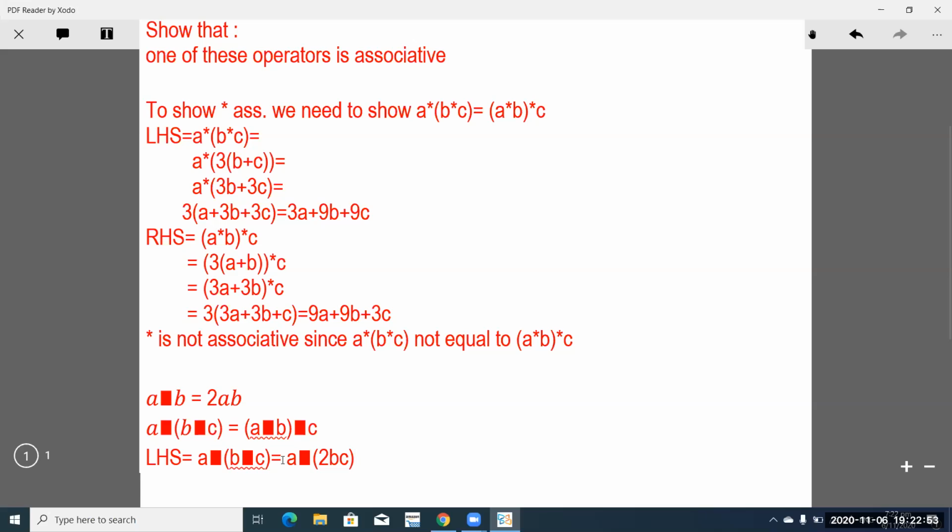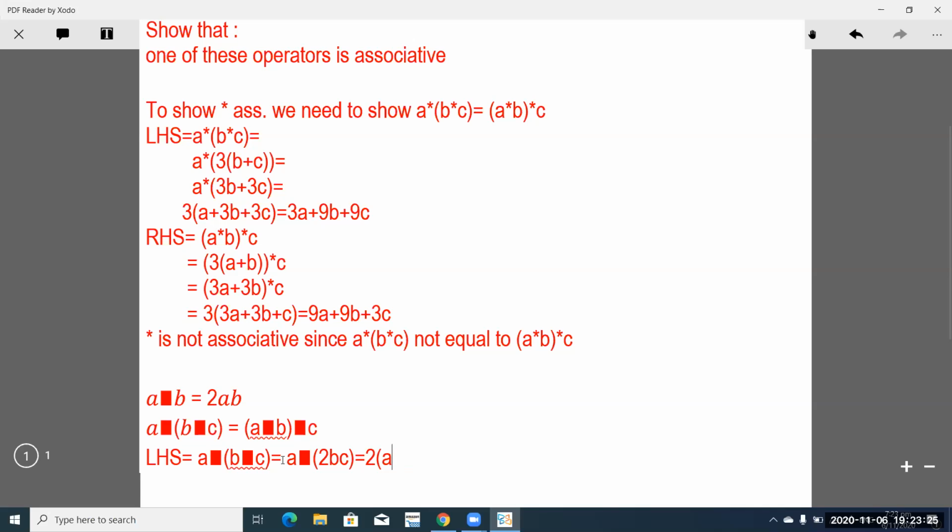So now what would be A box 2BC? It's 2 times the first number, which is 2 times A, times the second number.